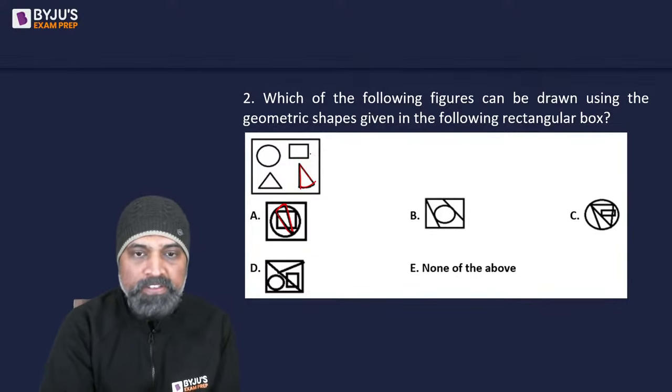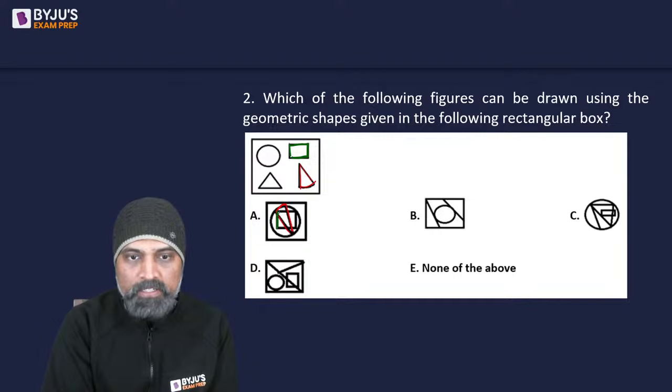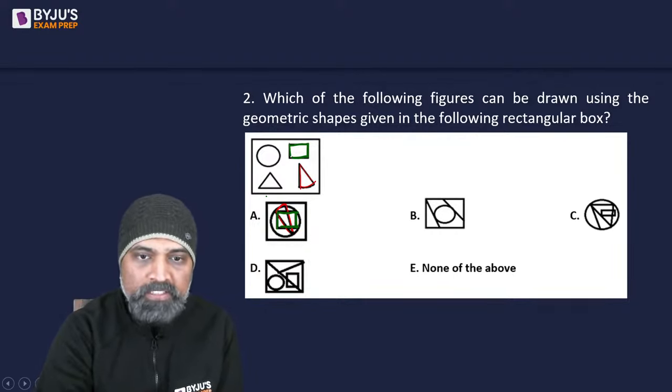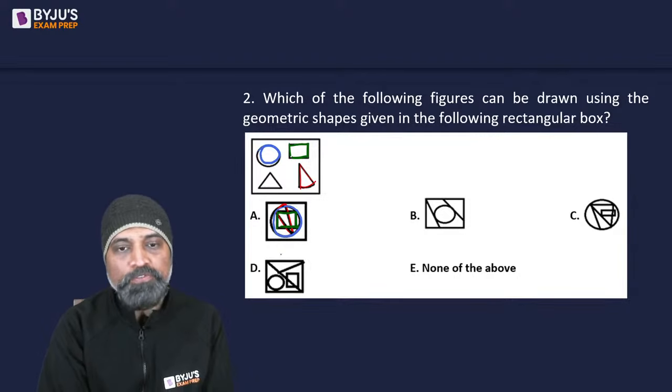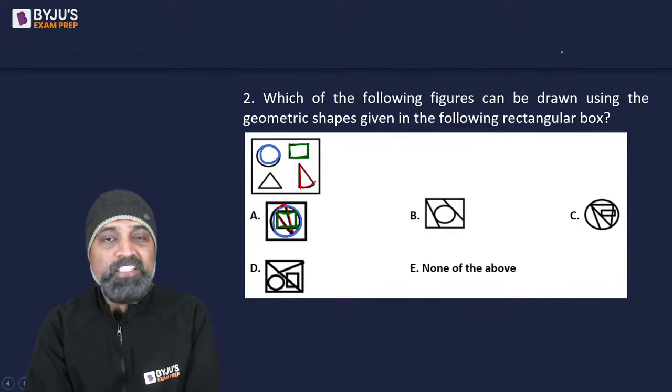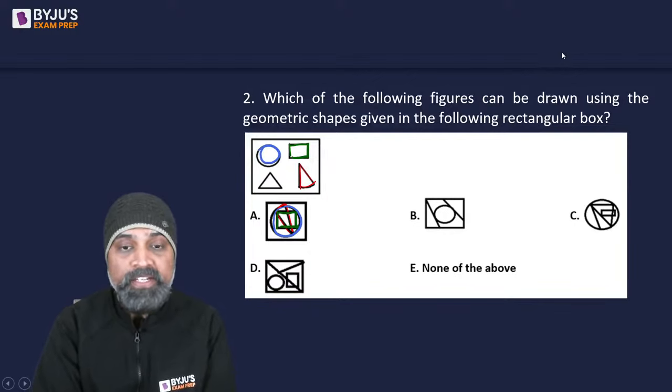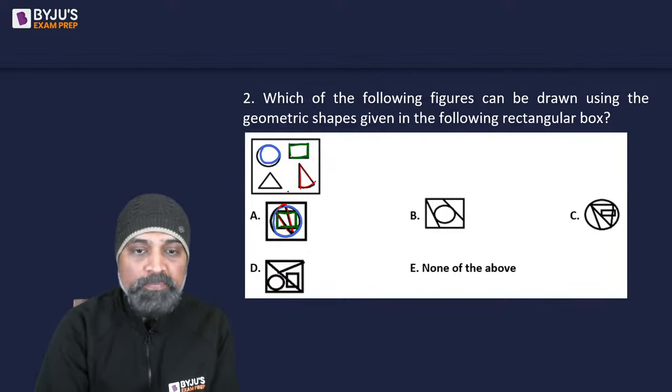If I consider this is the figure that is embedded here, and if I consider this square is over here, and the circle or the ellipse, the figures are not going to be very accurate. So we see all the figures, but the figure that is missing is the triangle, right? So A can't be our answer.